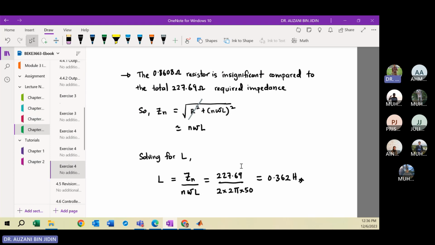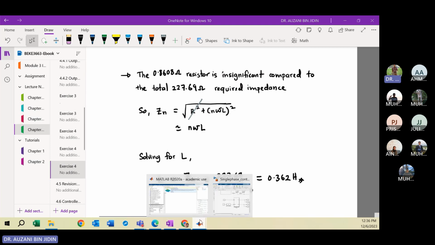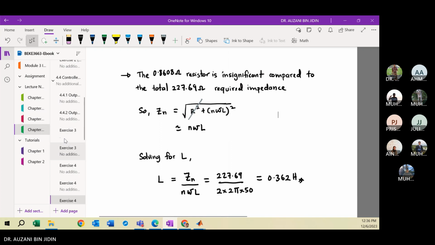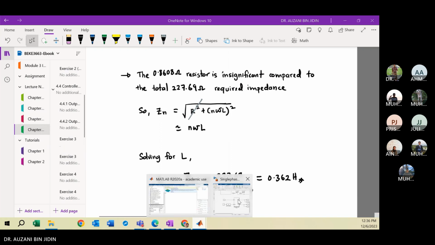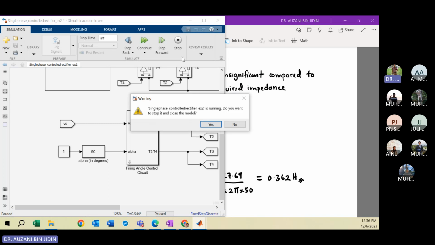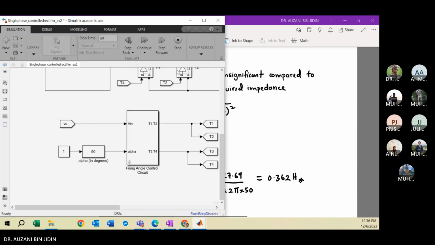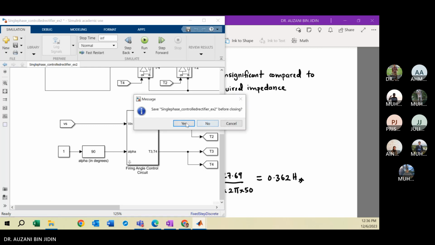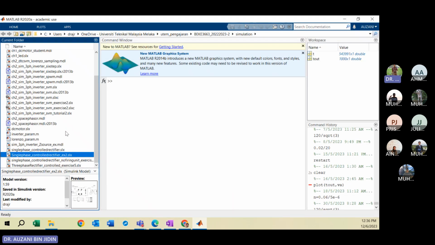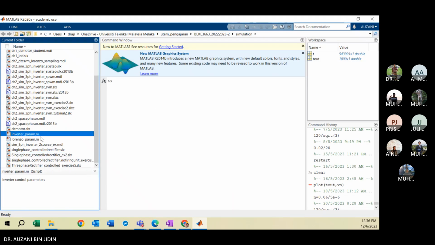Okay, finish. Before we end our class, let me demonstrate the simulation in order to verify the calculation. So this is exercise 1, exercise 2, exercise 3. Need to close first. Stop. Sorry. Then open, which one?